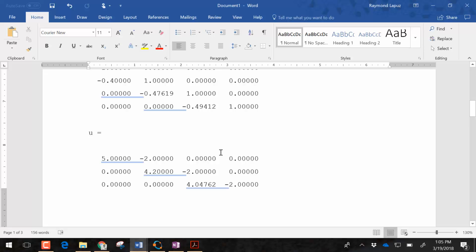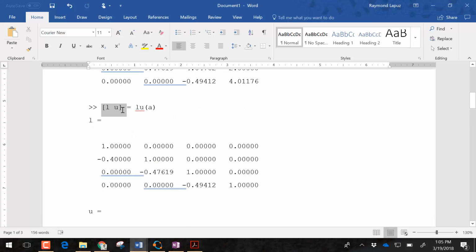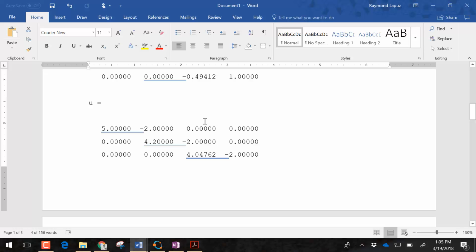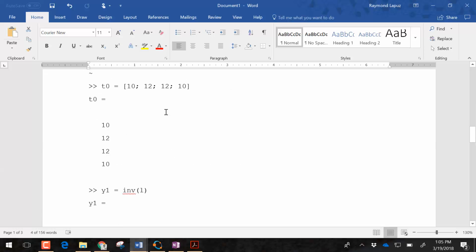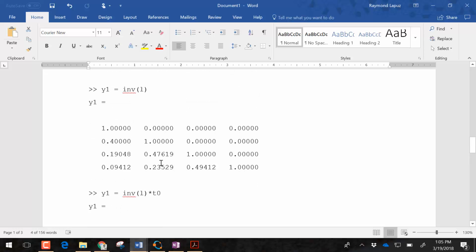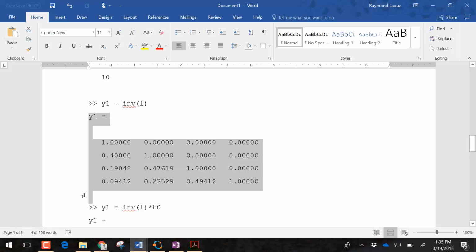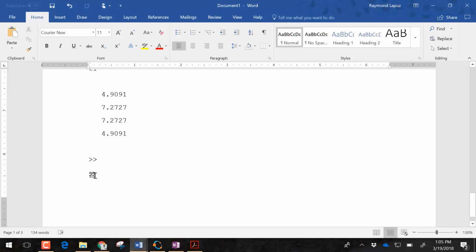If you have it separated, if you have done it correctly by doing this command, where you assign the L matrix and the U matrix, then you can have that here. And then this is my T vector, my Y1 vector, my Y, oops. This Y1 didn't work out, so I'll get rid of this command and output.